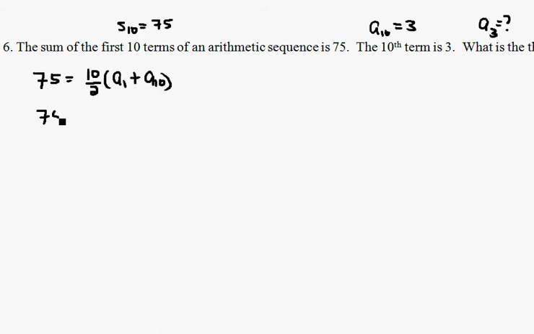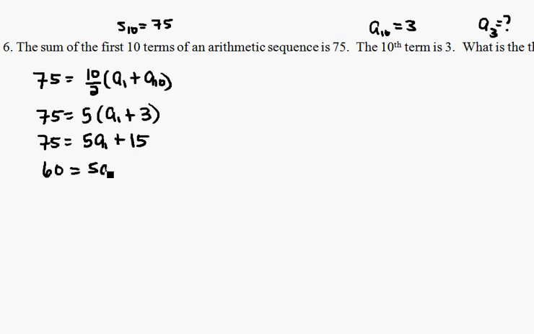So I do 75 equals 10 divided by 2 is 5, A sub 1 plus 3. So I get 75 equals, I'm going to distribute the 5, so I get 5 times the first term plus 15. I subtract 15 from both sides, I get 60 equals 5 times A sub 1. I divide by 5 and I get 12. So I know the first term is 12.